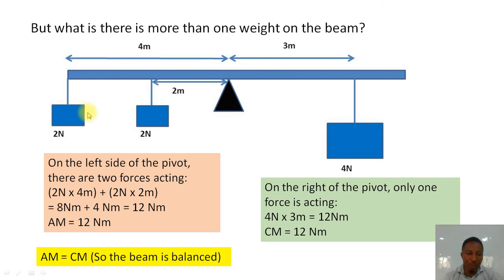So where we have more than one force, we should look for more than one moment and sum them up. Here we have to sum up the moment of this 2 Newton force about the pivot and that of this 2 Newton force about the pivot. At the end of the day we have 12 Newton meters. So comparing our results, 12 Newton meters and 12 Newton meters, it goes to show that the beam is balanced.